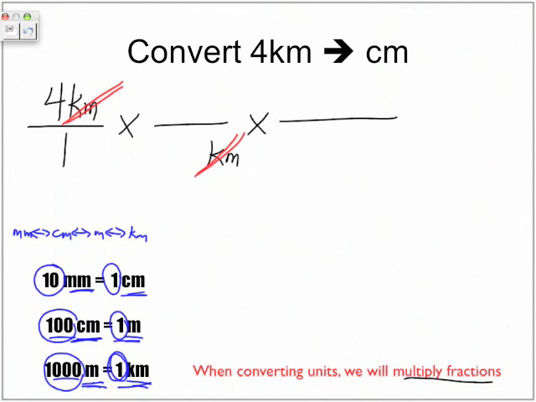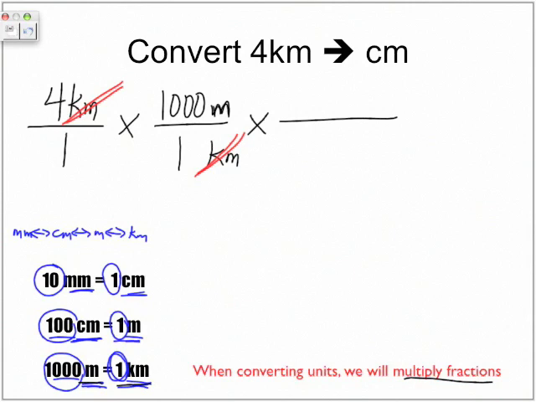But now, what are we converting kilometers to? We are converting kilometers to meters. So we're going to put that unit up at the top. Between meters and kilometers, which is the bigger unit? We're going to put the number 1 next to the bigger unit. So in 1 kilometer, we have 1,000 meters.